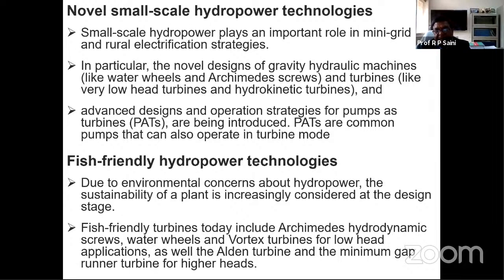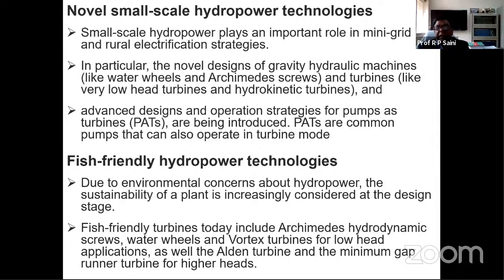Some participants asked how we get tidal energy through this route. There's a scope for the hydrokinetic turbine. I think you can read about it. These turbines are suitable to tap the potential available in a flowing stream, because the conventional hydro turbine needs head.